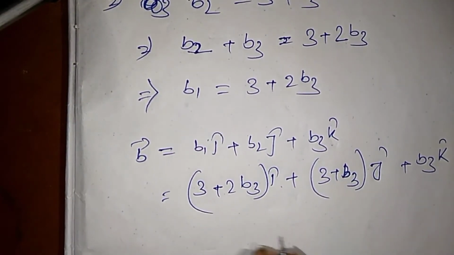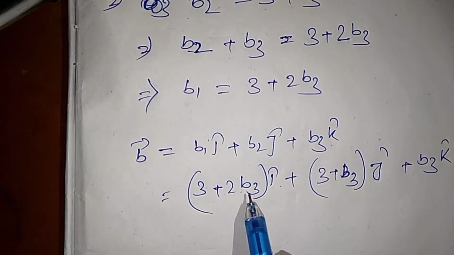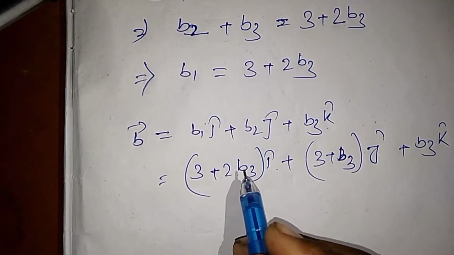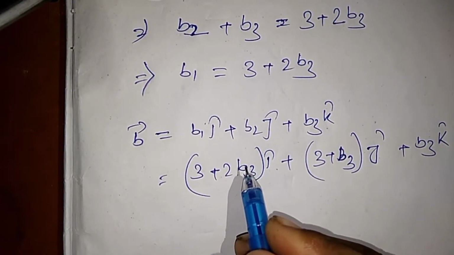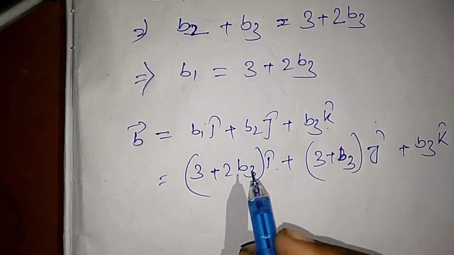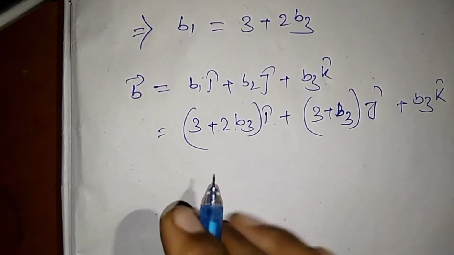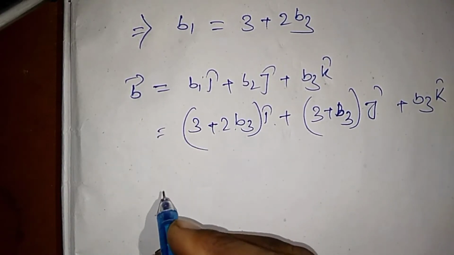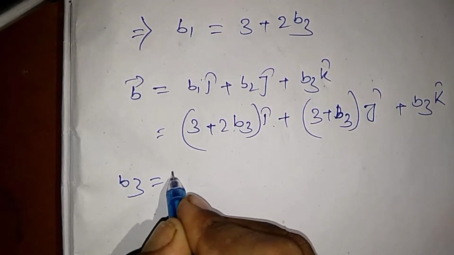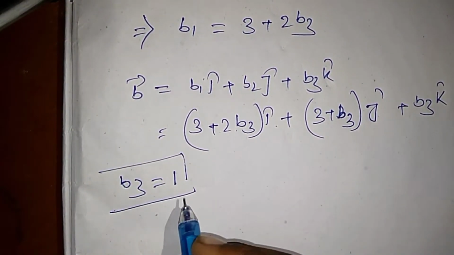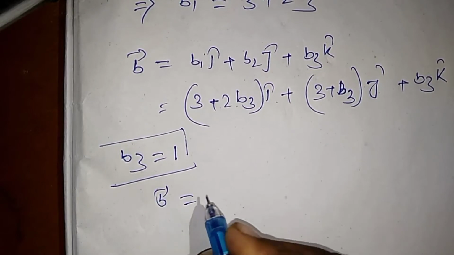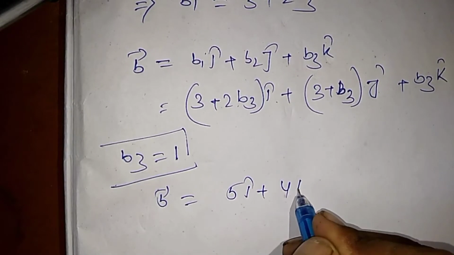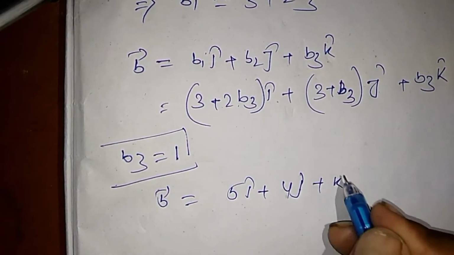You know that b3 is a constant, so now I will put in a value for b3. Firstly, if b3 is 1, then vector B equals 5 i cap plus 4 j cap plus k cap.